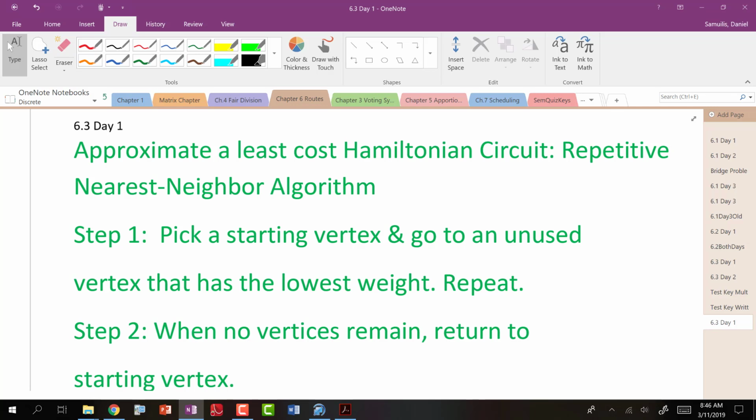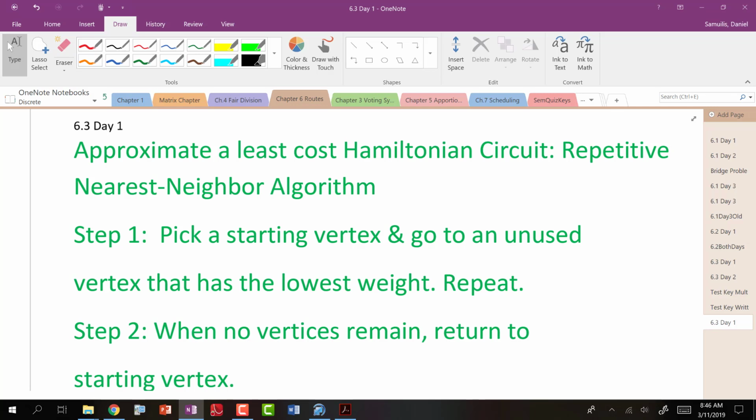Okay, so the whole idea of a UPS driver, and of course, yes, they have computers that probably do this work, but you got to know how to program a computer, so people have knowledge of this Hamiltonian idea in order to make these programs happen.